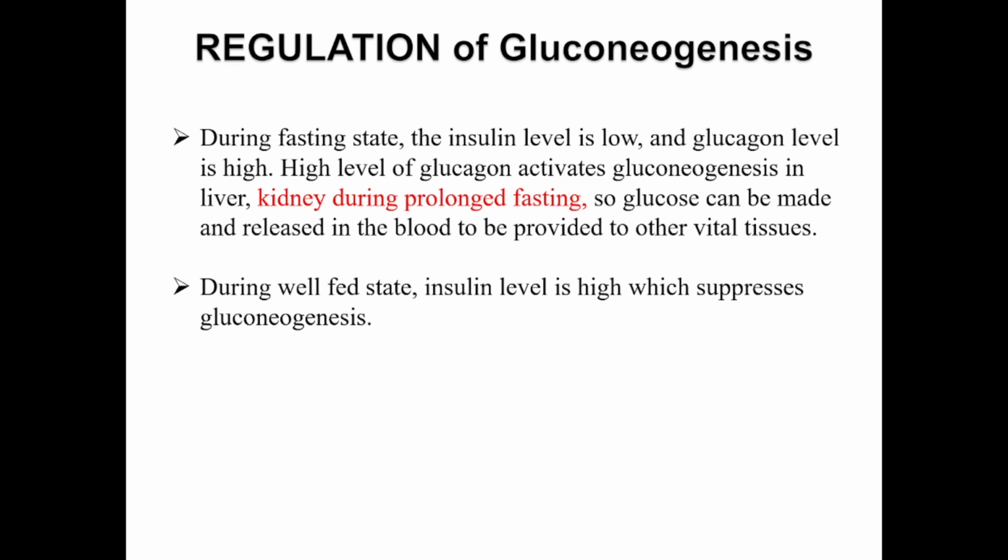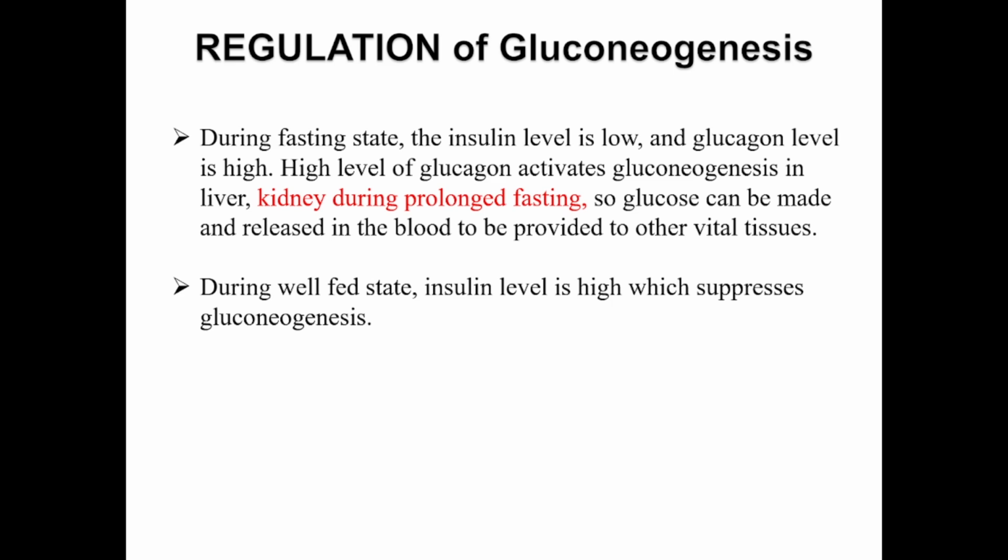What will happen during starvation if this continues for a very long time? There is no food. The body will start to destroy the muscle, the proteins, to get amino acids. The amino acids will be broken down to get pyruvate, and pyruvate will be converted to glucose.